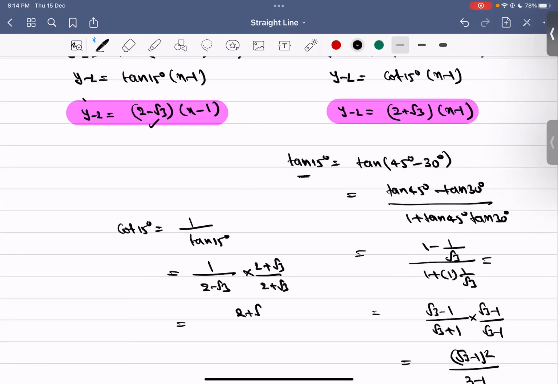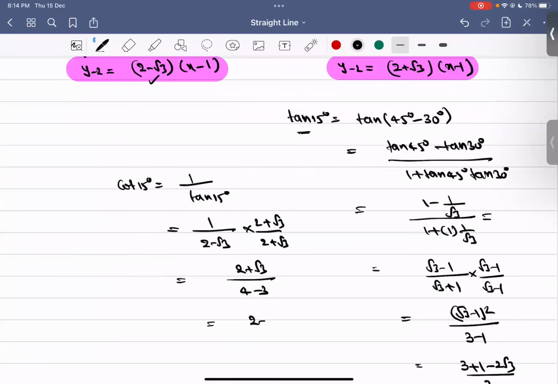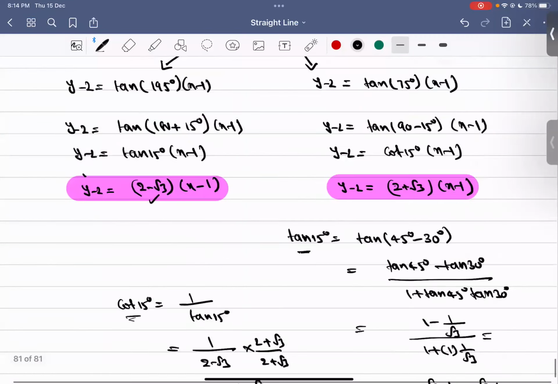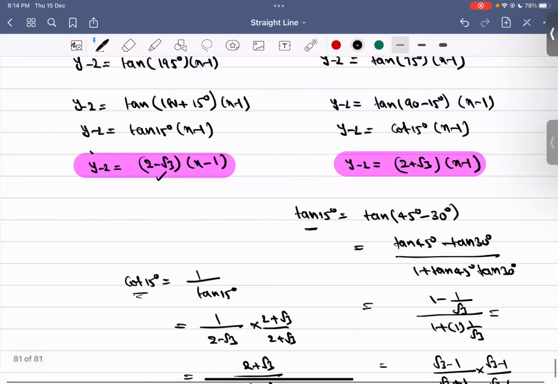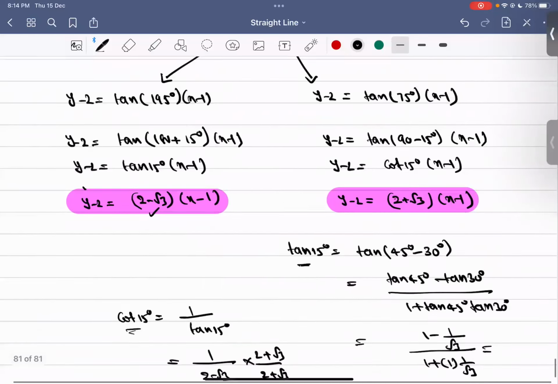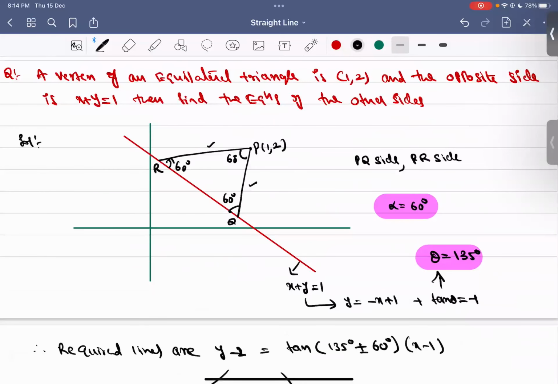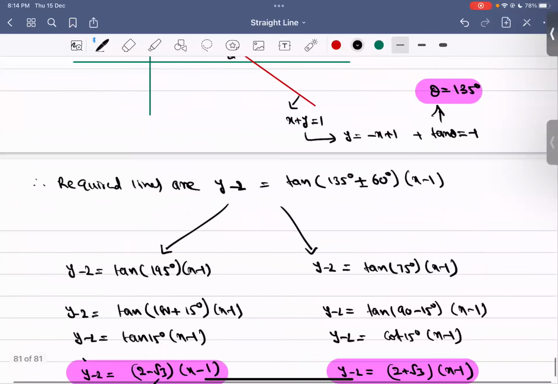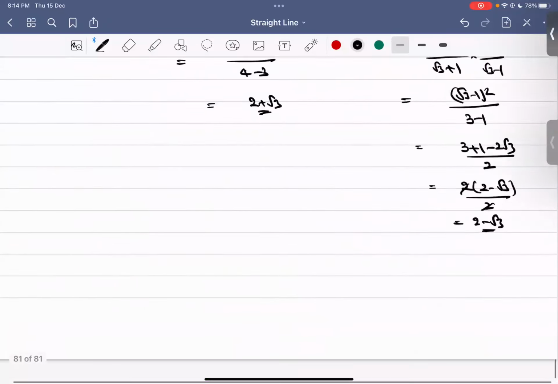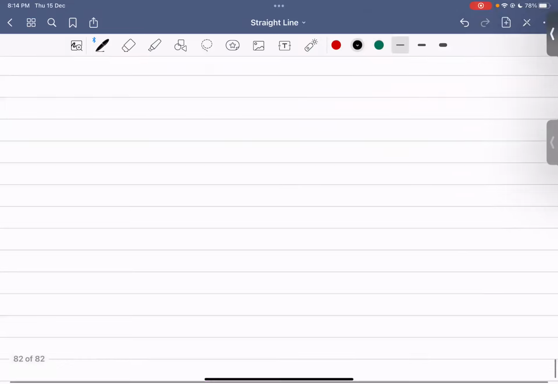This is 2 plus root 3 by a square minus b square, that is 4 minus 3. 4 minus 3 is 1, that is 2 plus root 3. That's why cot 15 is equal to 2 plus root 3. So this is the solution. Is it clear? Yes. Next, one more question we solve on this concept, last question.